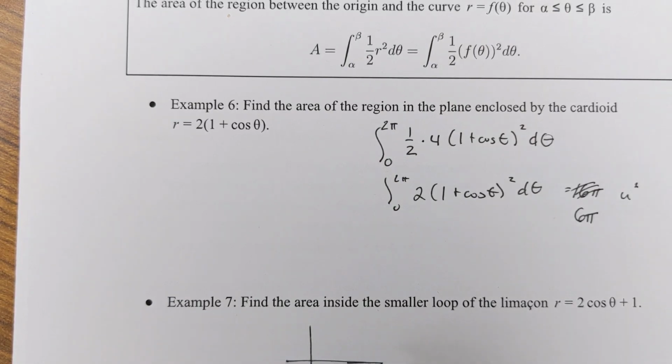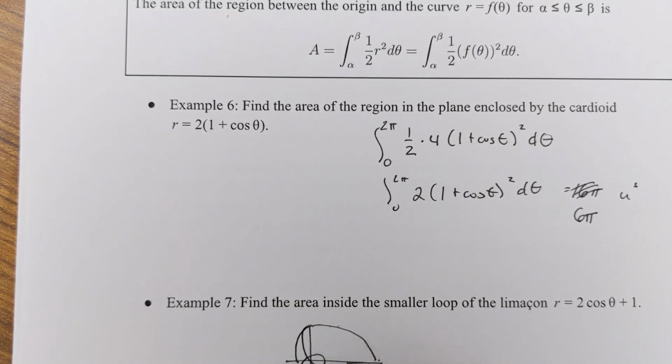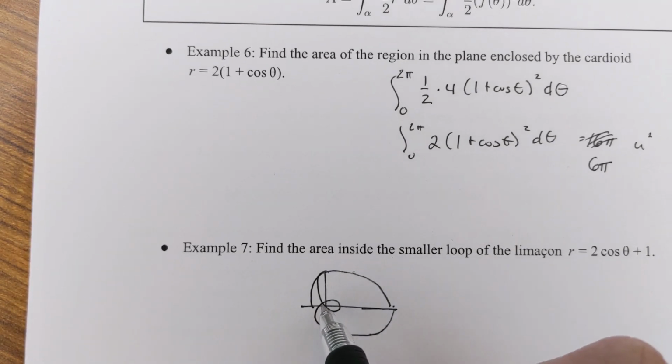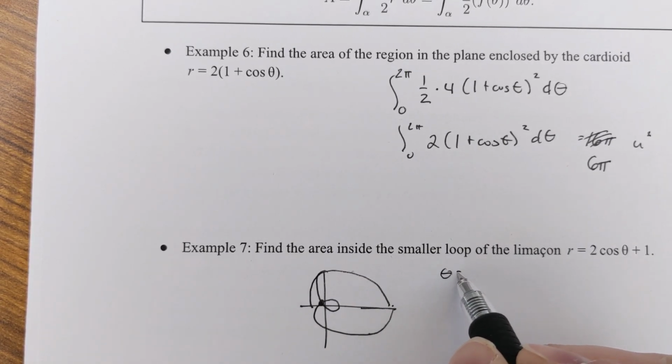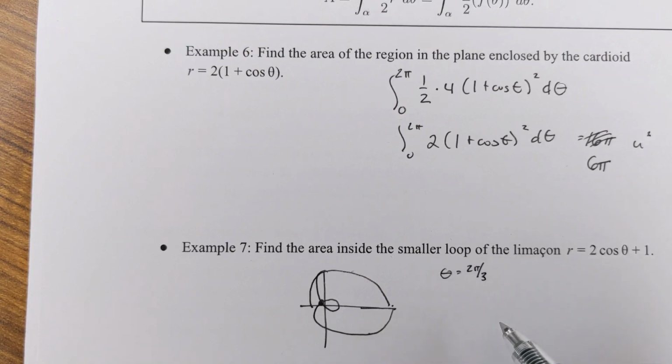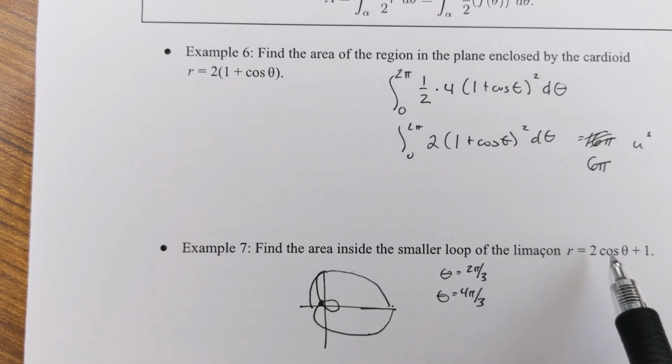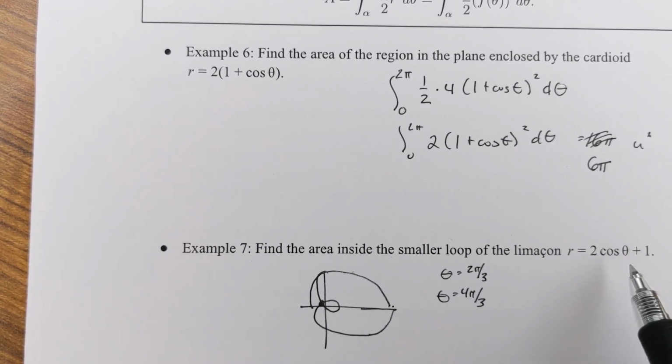If we watch the graph, it starts here, goes around through the origin, loops, and back out. So we need to figure out what those two values are. If you watch it trace, the two values are 2 pi over 3, where it goes to the origin, and 4 pi over 3.